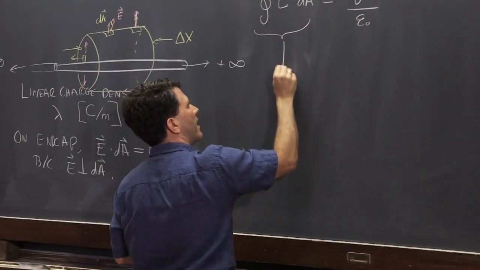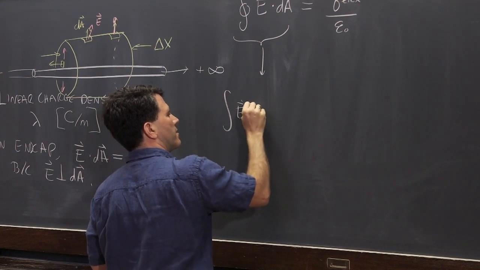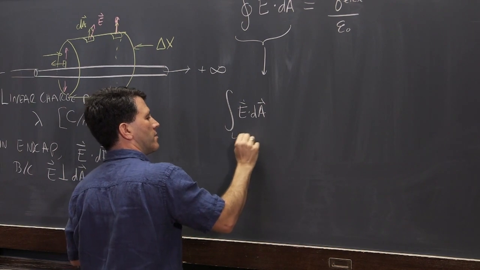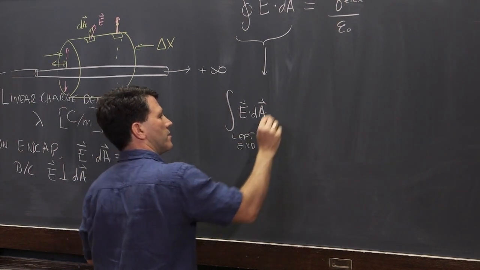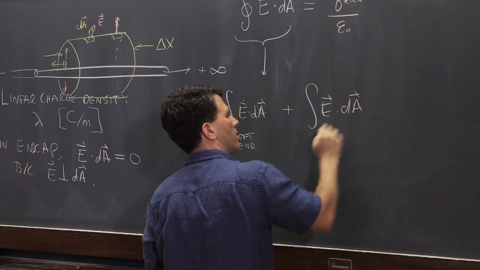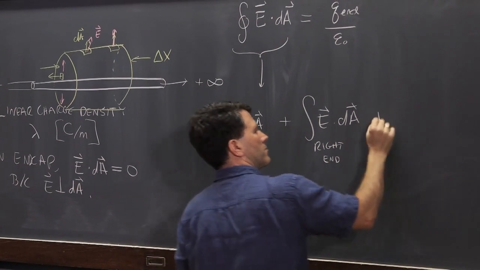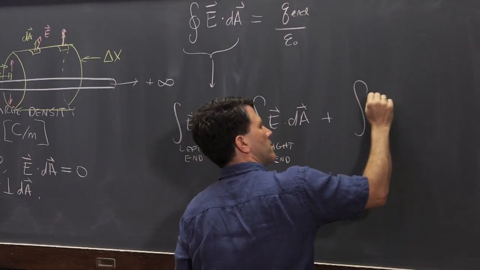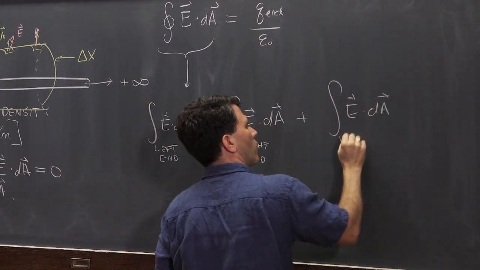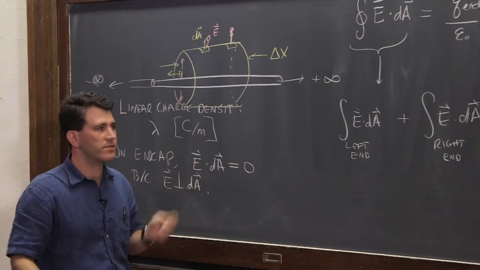And so we're going to have the integral of E dot dA over the left end, plus the integral of E dot dA over the right end, plus the integral of E dot dA over what I will call the wall. That's our full integral over the closed surface.